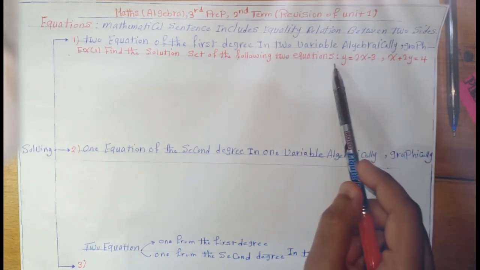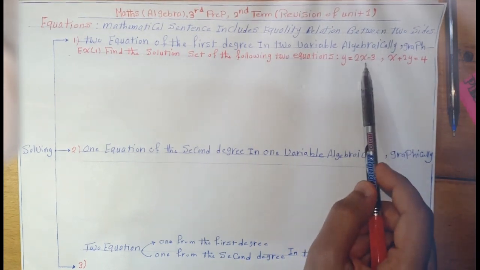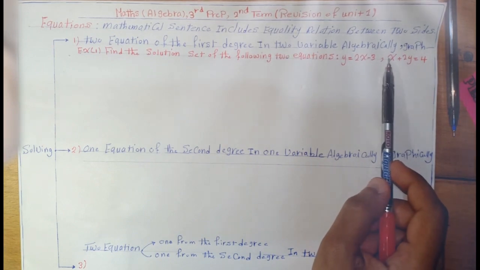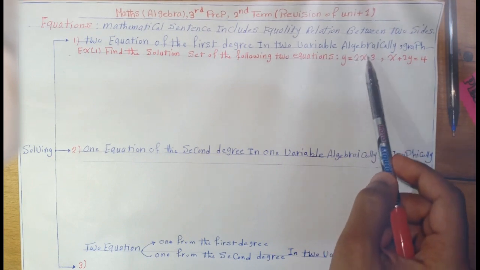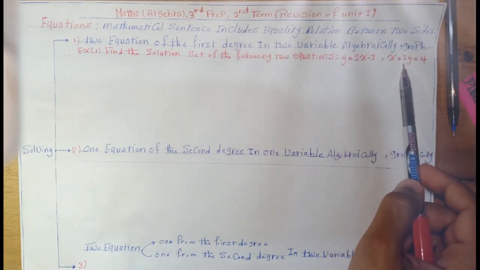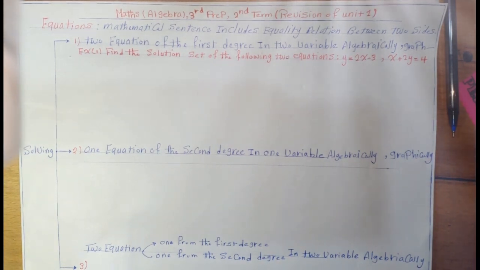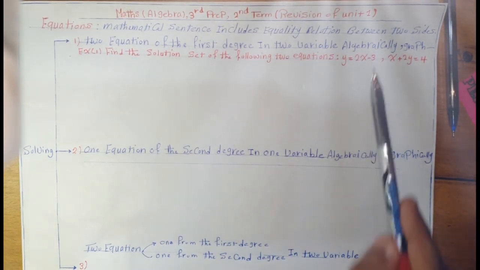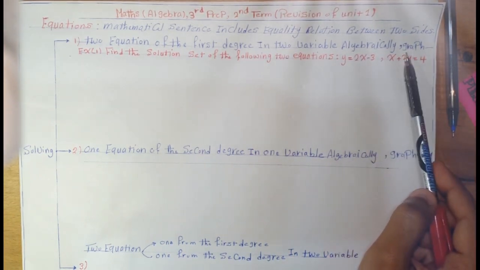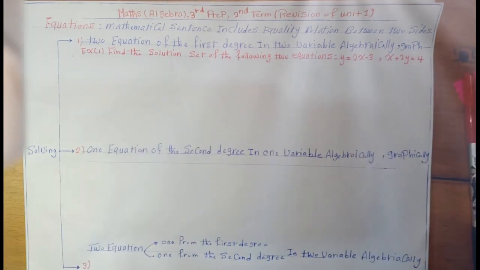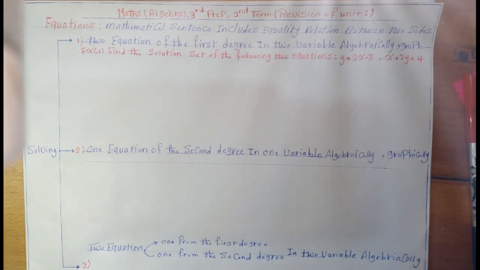Notice that the two equations are from the first degree, and we have two variables, x and y. And we can find the solution set by the two methods. The first method algebraically and the second method graphically. So let's solve together. Let's start with the first method, graphically.